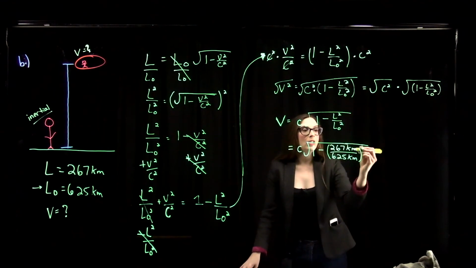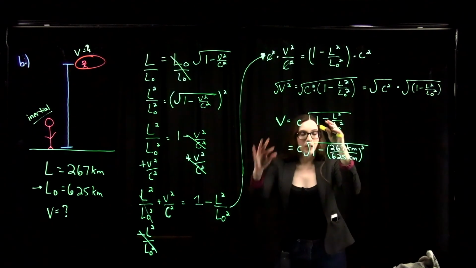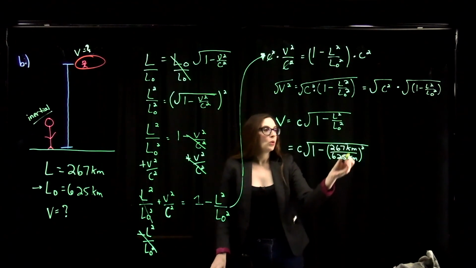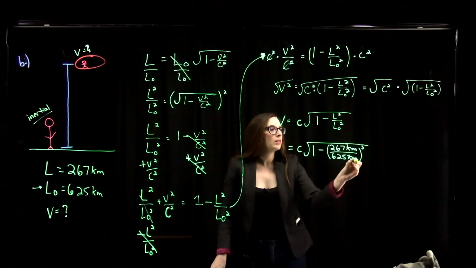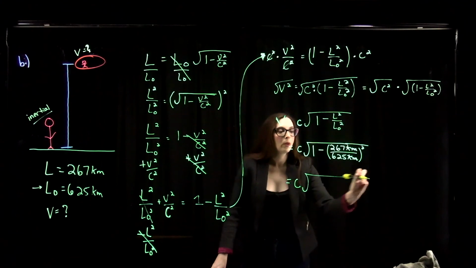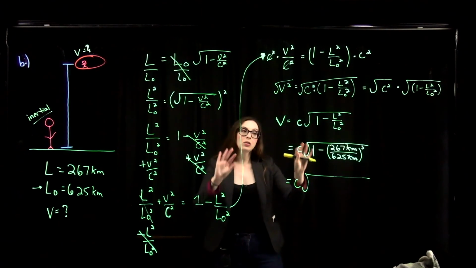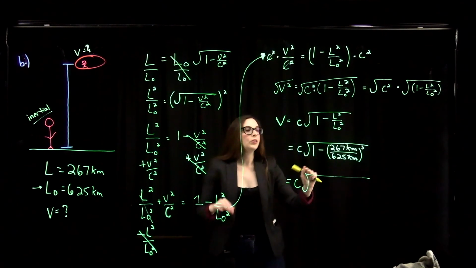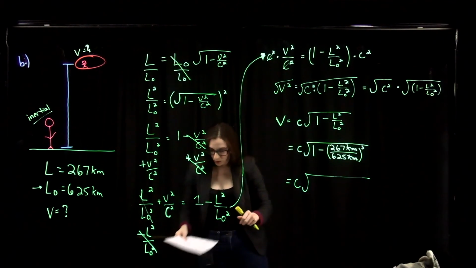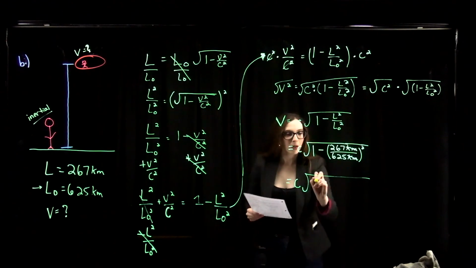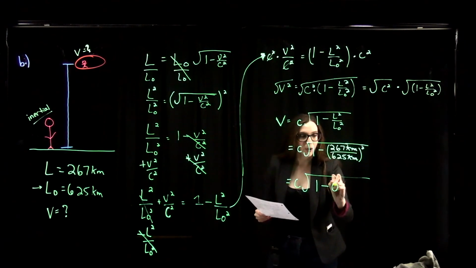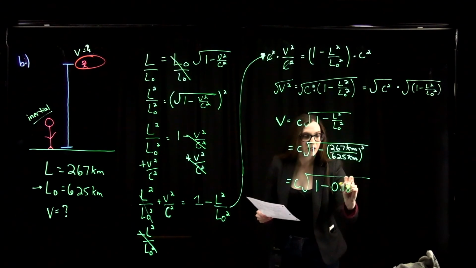And then I have to square that whole term. We squared each of those individually. It's the same thing as putting the brackets around them and squaring that fraction. So our units of kilometers cancel on top and bottom here. So this is c times the square root of 1 minus 267 over 625 squared. And that is going to equal c times the square root of 1 minus 0.182.